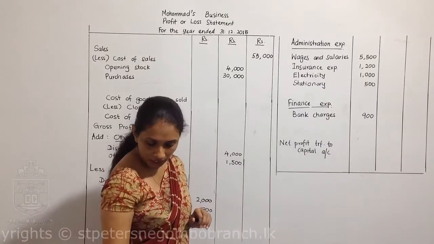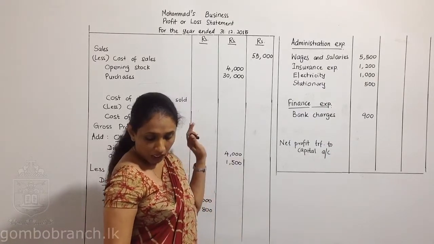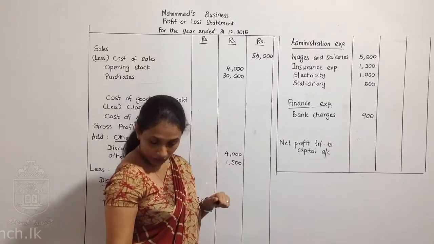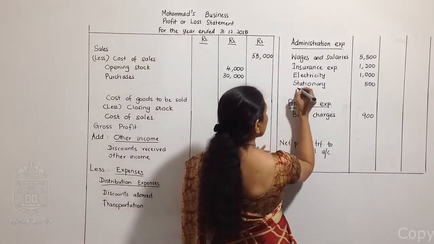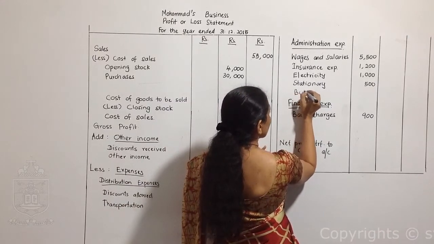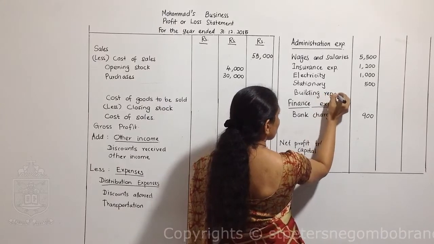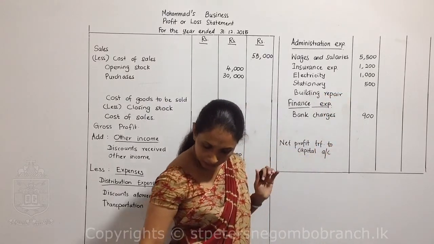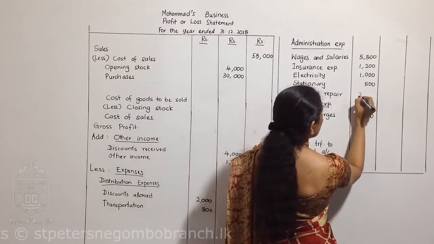Then we have another expense, building repair, usually goes under the administration expenses category. So let's put it under that. Building repair 2,000.